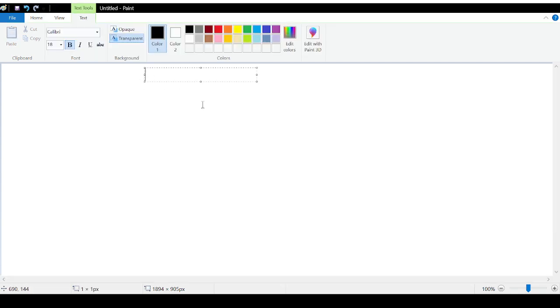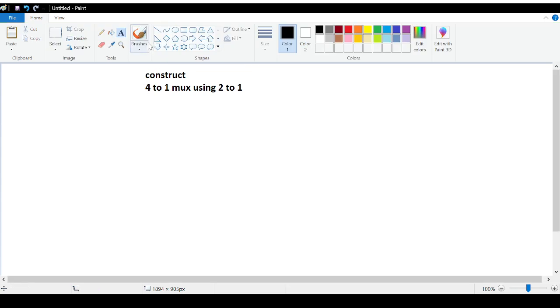Next part we will construct bigger mux using smaller ones. So we will construct a 4 to 1 mux using 2 to 1 mux. Okay, so in such a case, first what we will do is we'll draw the 4 to 1 mux.